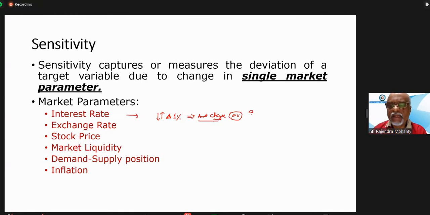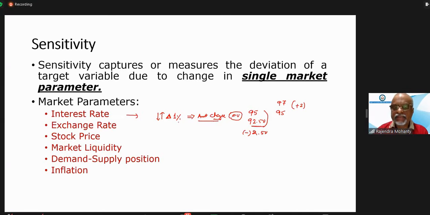Maybe earlier it was 95 rupees and it has become 92.50 rupees. Or earlier it was 95 rupees, it has become 97 rupees. So it is possible. If it becomes 92.50, we have a loss of 2.50. If it goes to 97, we have a profit of 2. So gain or loss will be according to that.